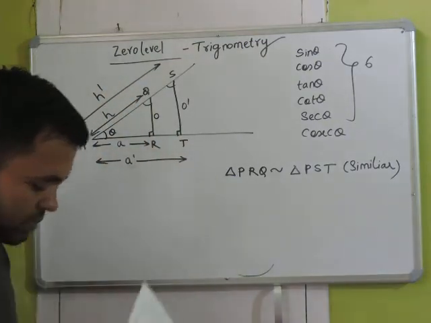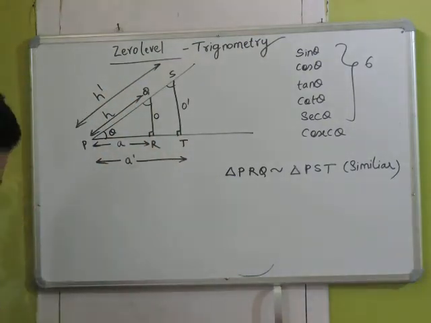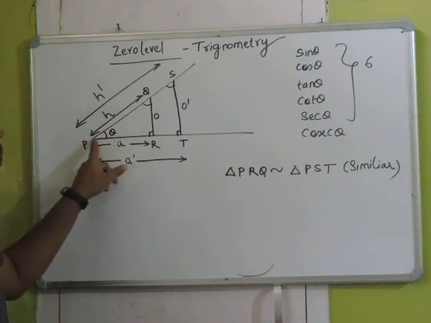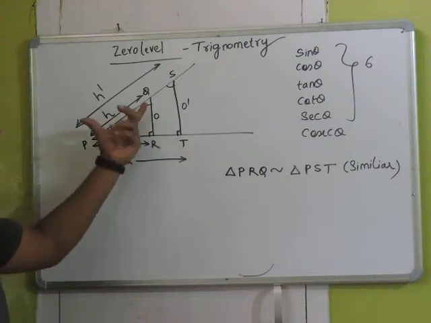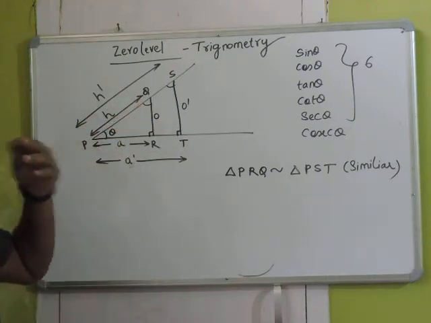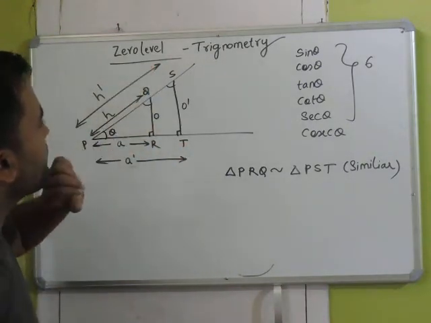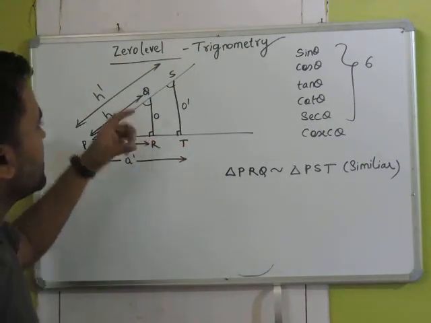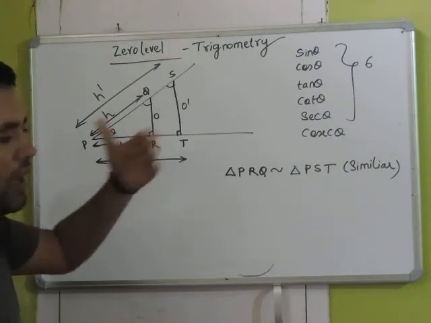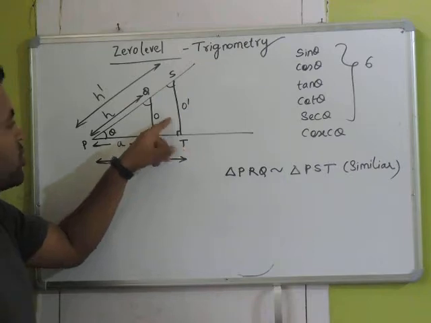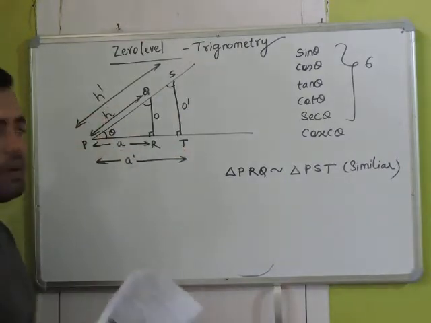Whatever letters I have used here, I mean that this is the adjacent side, this is the opposite side of the triangle, and this is the hypotenuse. In one version we call this perpendicular, this base, and this hypotenuse. The other version is opposite side of the angle, adjacent, and hypotenuse.